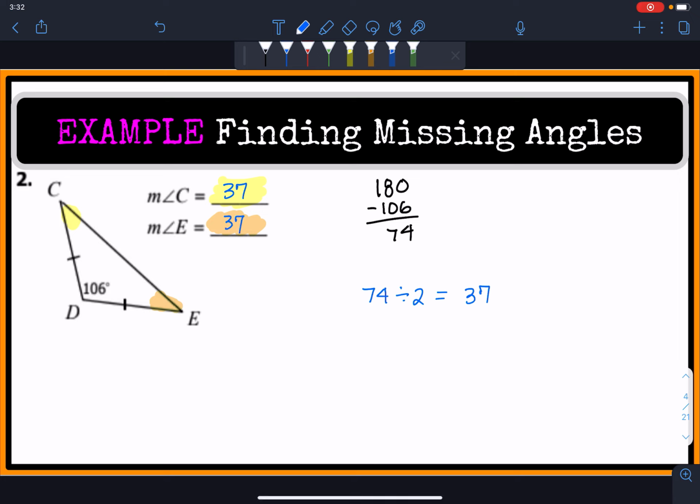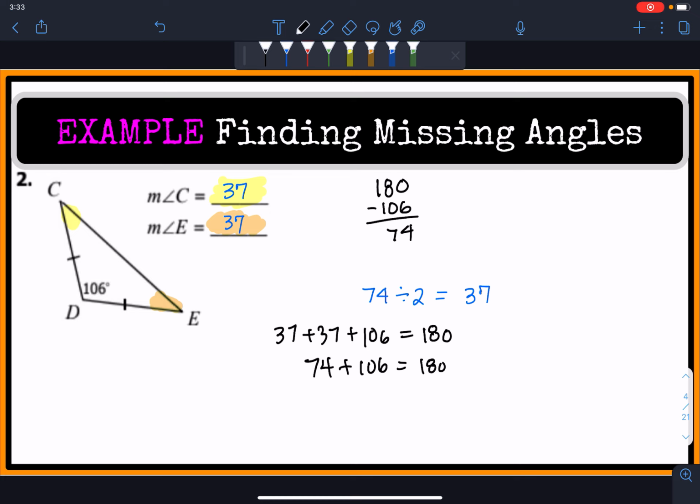And I can verify that this is going to be true because adding 37 plus 37 plus 106 is going to add up to 180 degrees. Again, 37 plus 37 plus 106 equals 180, because this is 74, and 74 plus 106 is 180.